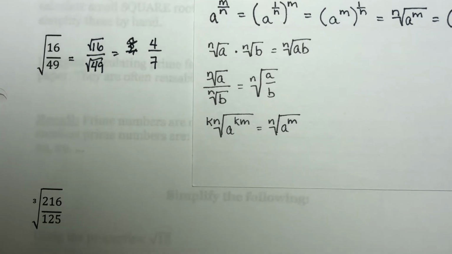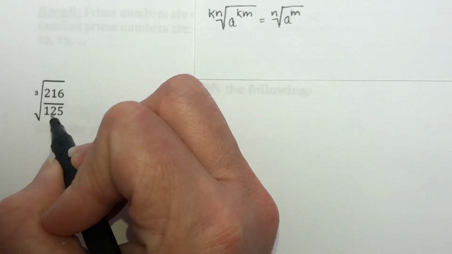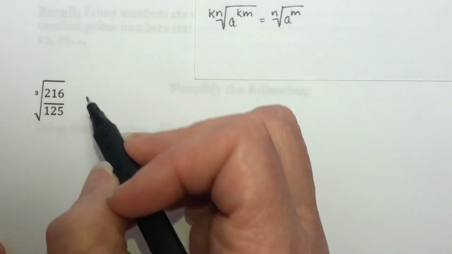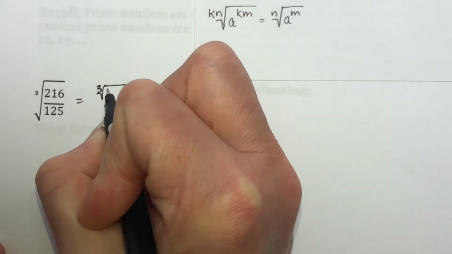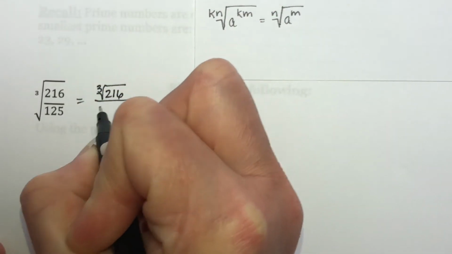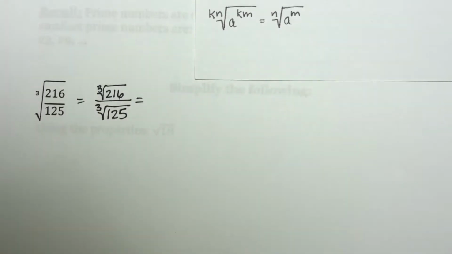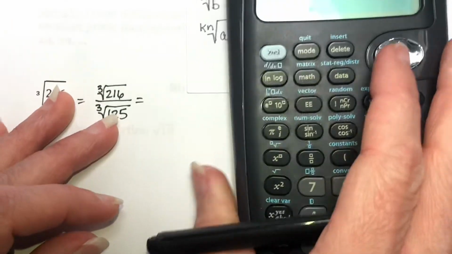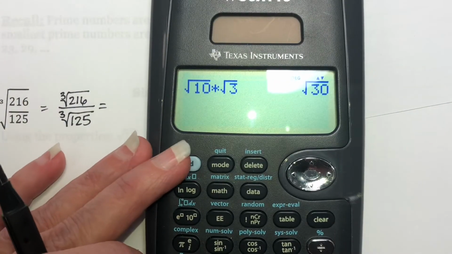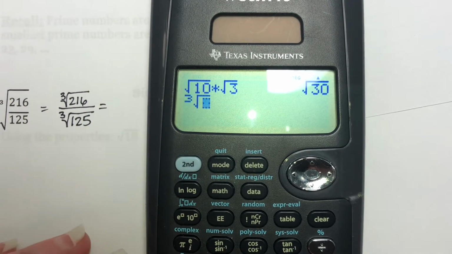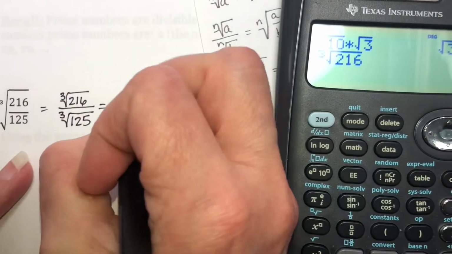Okay, now the cube root of 216 over the cube root of 125. This is the cube root of a fraction, so we use the same property we did above. These may not be roots that you remember very well, so let's do the cube root of 216, and that is 6.